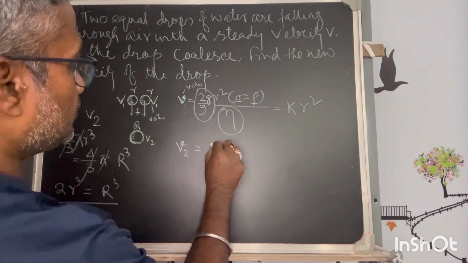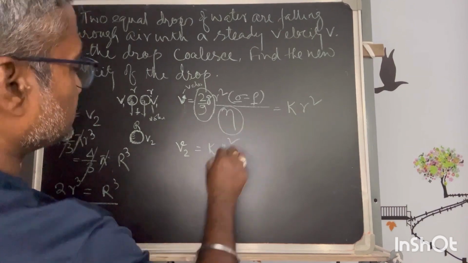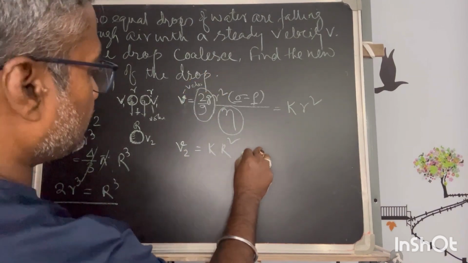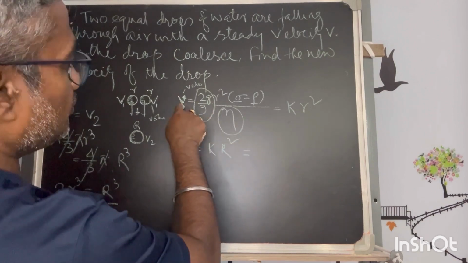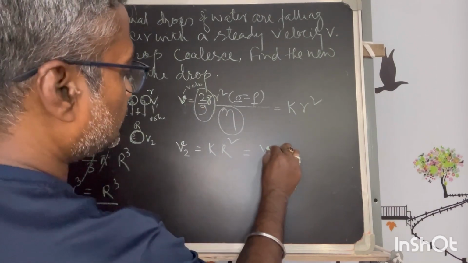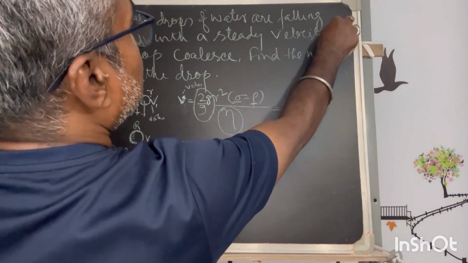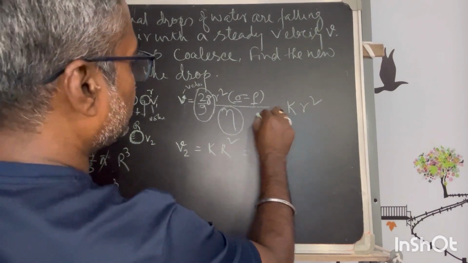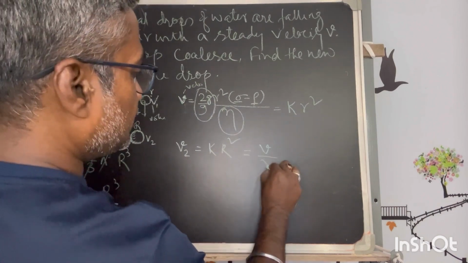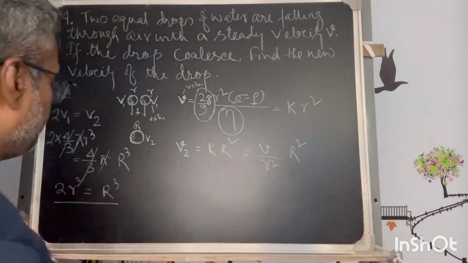This is equal to k into capital R square, where k is replaced by small v divided by small r square. So v2 equals v by r square into capital R square.